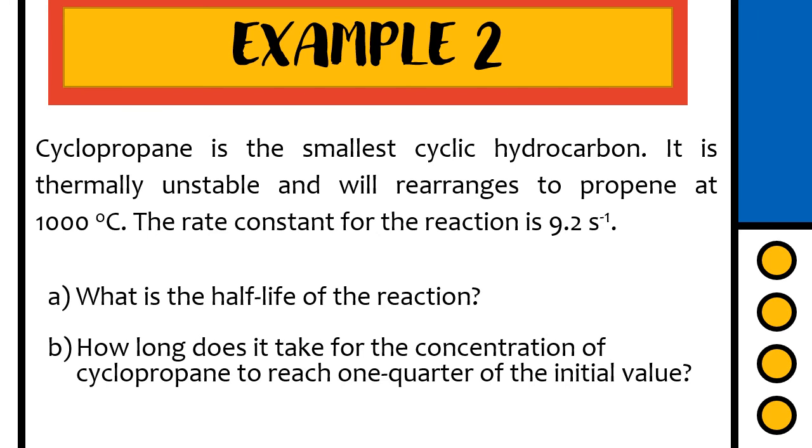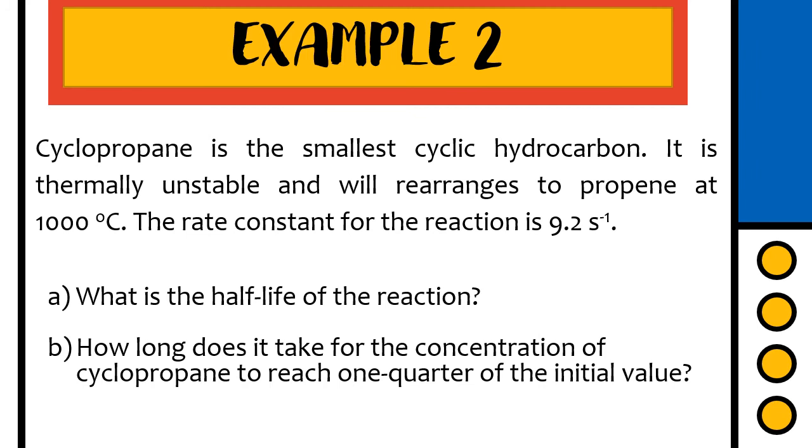It is thermally unstable and will rearrange to propene at 1000 degrees Celsius. The rate constant for the reaction is 9.2 per second. So we have two questions here. What is the half-life of the reaction, and how long does it take for the concentration of cyclopropane to reach 1/4 of its initial value?